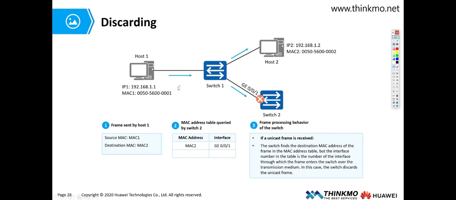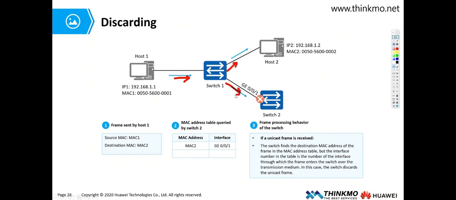For instance, in this process, if my host 1 wants to find host 2, I send a unicast frame to switch 1. After our switch receives this unicast frame, if the destination MAC is not in the table, switch 1 will flood the data frame, meaning it will copy and send a copy from all remaining interfaces.